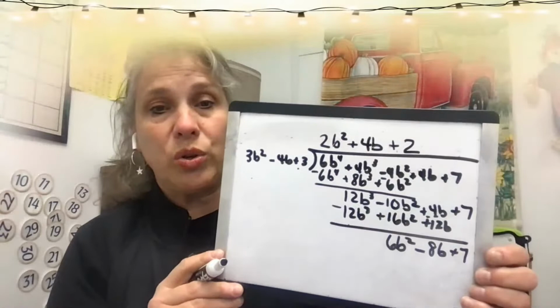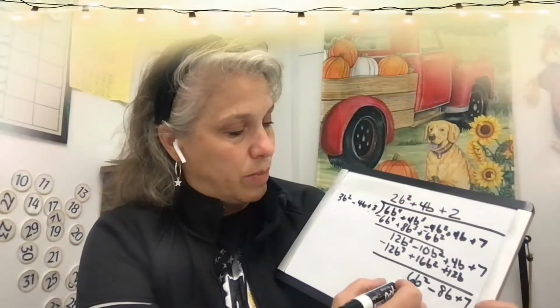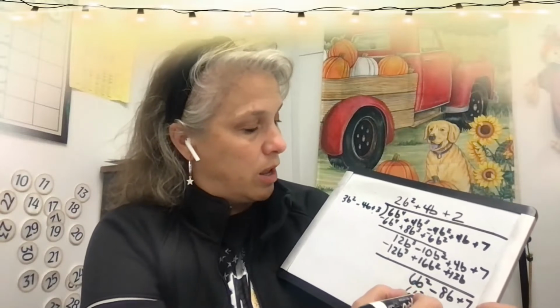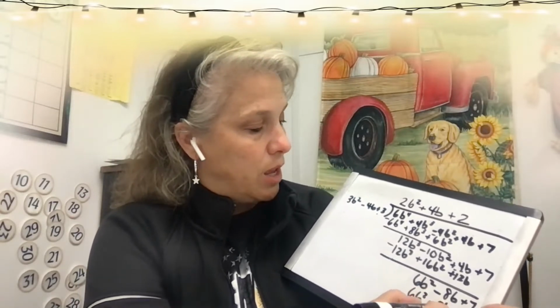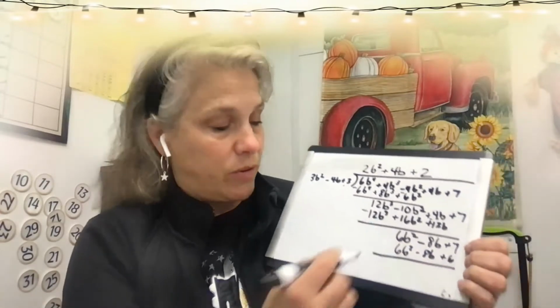All right, and now we're going to do 3 times 2, and then we already have a b squared. So it's going to be plus 2. On this one, we're going to go 2 times 3b squared is 6b squared minus 8b plus 6. And now remember, we have to change all the signs.